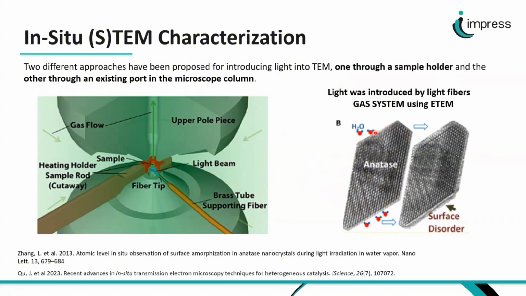So what happened is that you have a titanium oxide material, and thanks to this light and the gas, it was reduced to titanium-3 in one or two layers of the anatase structure, making some amorphization of the surface, so that the reaction could then occur, producing the water splitting. But this was in gas.